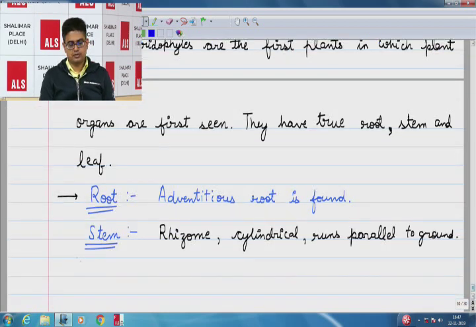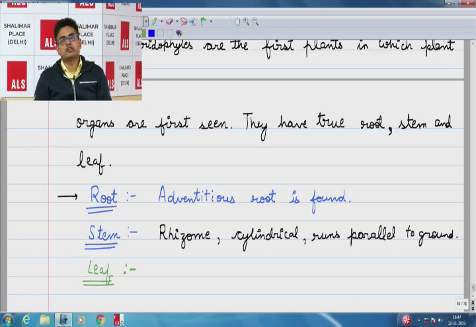Leaf may be of two types. Leaf can be very small. Very small leaves are called microphyllous. Large leaves are called macrophyllous or frond.